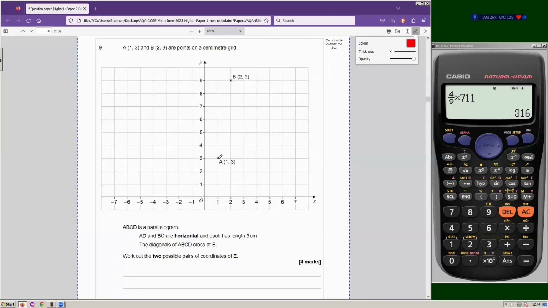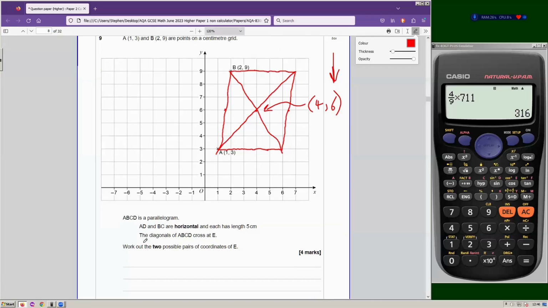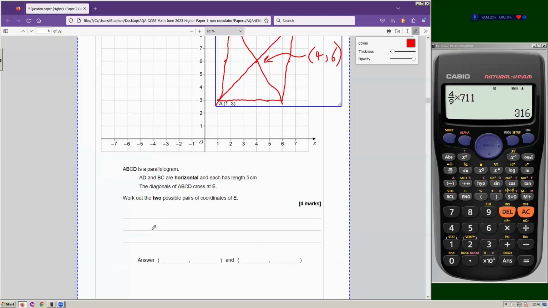So let's do this one here. How is this diagonal working then? We've got to come up through. That one's 4, 6. I'm not meant to write in here, so we all don't do what I'm doing. So first one's 4, 6.